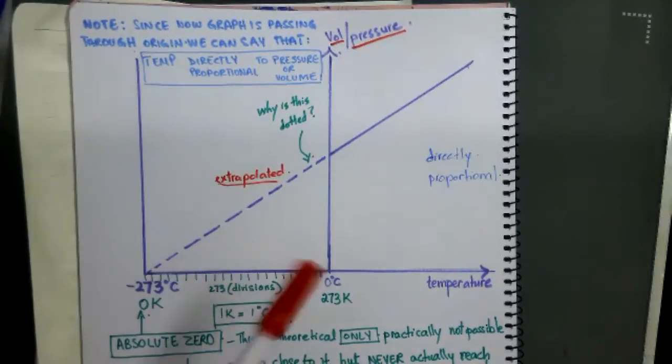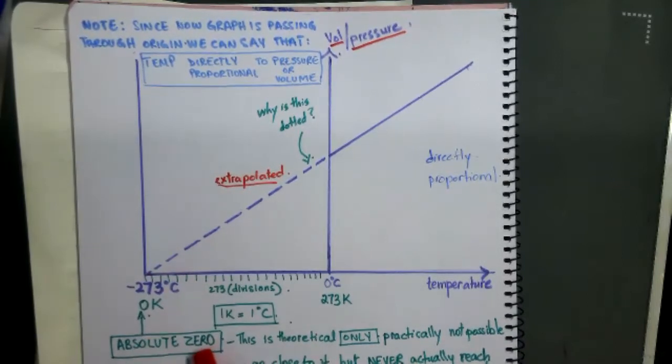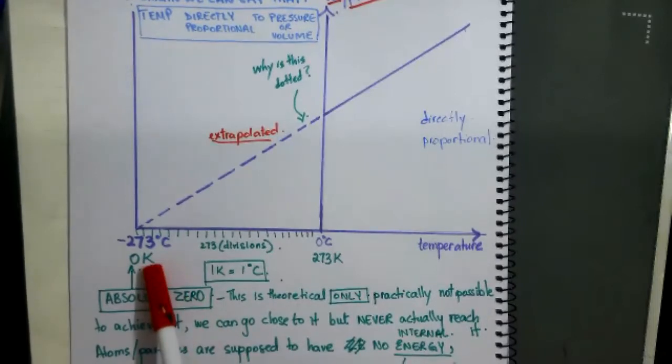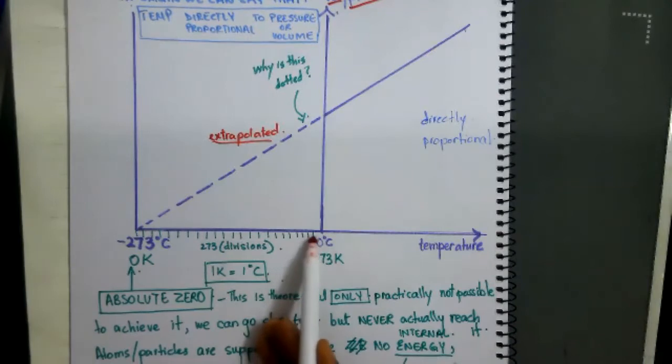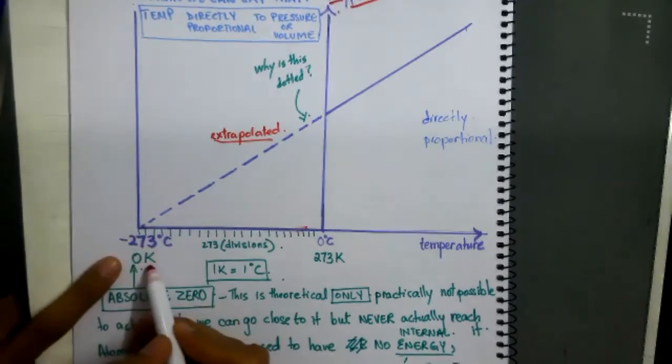Now, scientists have given this point a name called absolute zero, or 0 Kelvin. Now, Kelvin is a different scale of temperature, but appreciate the fact that there are 273 divisions on the left, on the negative side. And so that is 0 Kelvin.